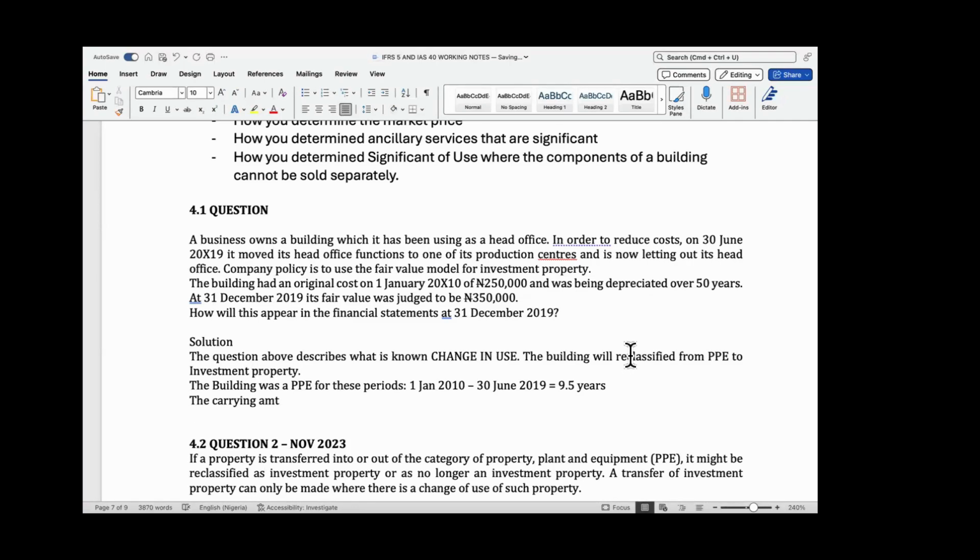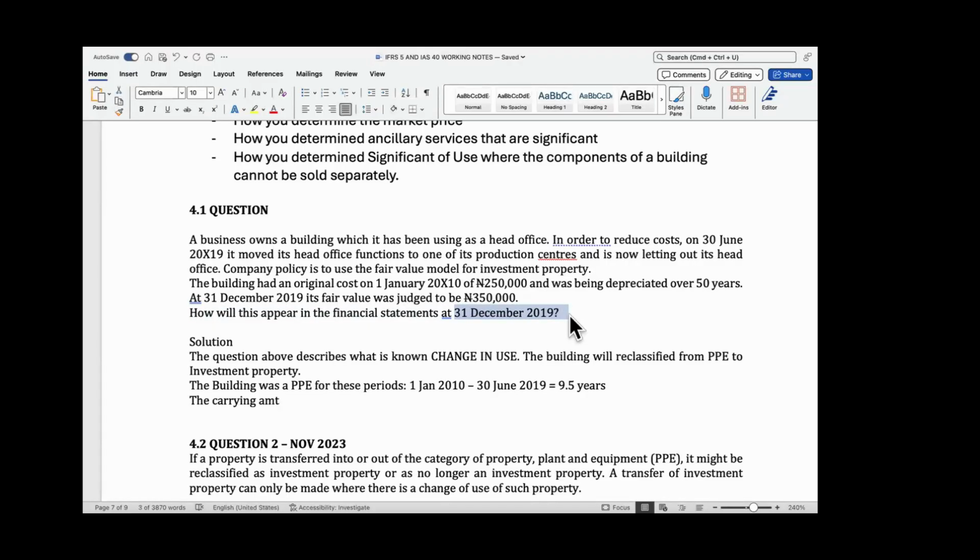Because when we were using the building for office, at that point it's PP. But now, we are not using it, we are letting it out. It becomes an investment property. Then how are we going to do this in our financial statement as at December? At what value are we going to put it in our books?